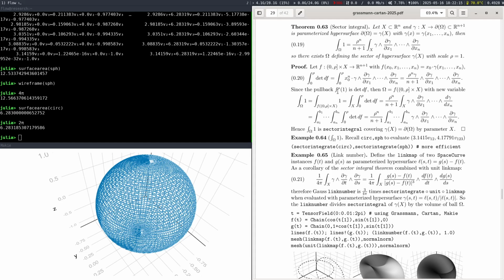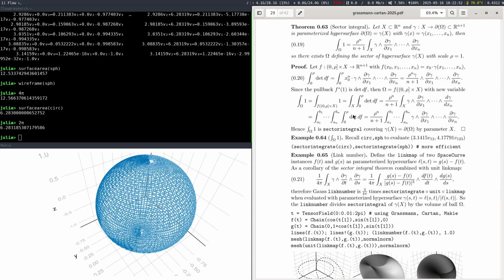Since the pullback of f is determined by df, the domain omega is actually f applied to 0 to rho times x, and we're going to set rho equal to 1 actually. So the integral of 1 over omega equals the integral over f of the product of 0 to rho and x, okay? And so we can use the pullback.